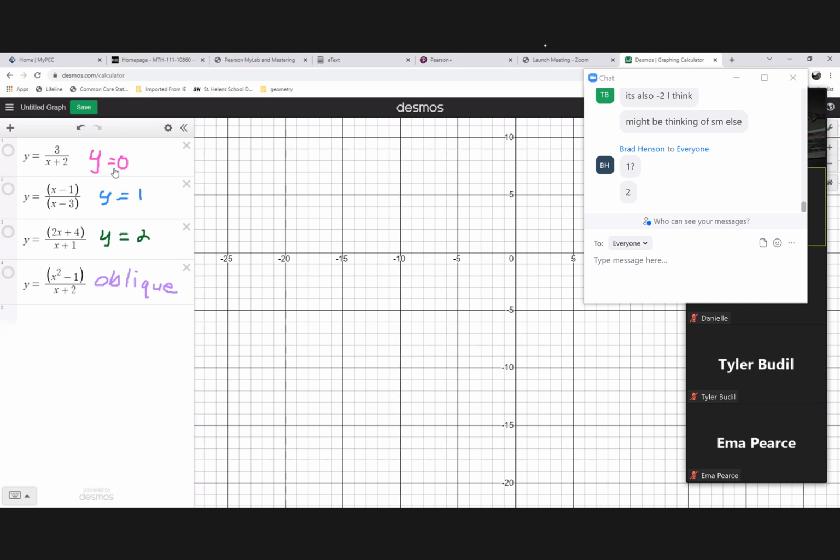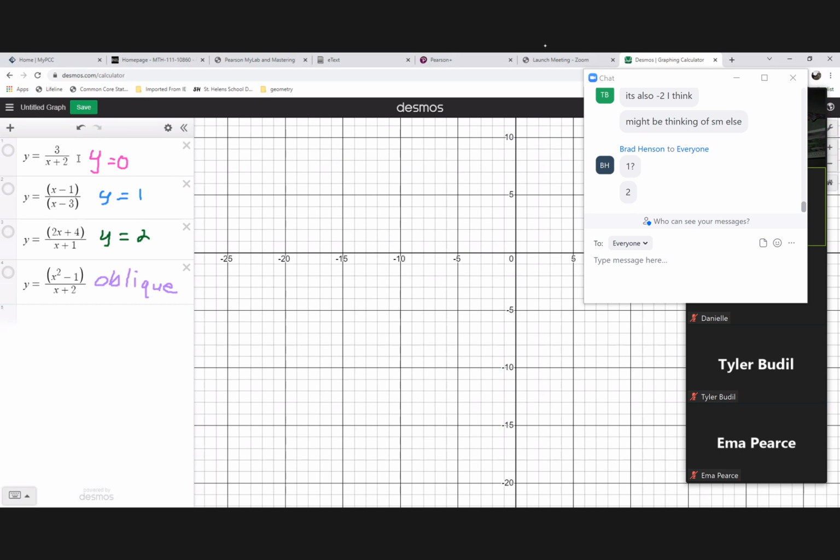So if we go back to this one, there's actually a couple of ways to figure out what the horizontal asymptote is. One way is to look at this by the idea of a limit.